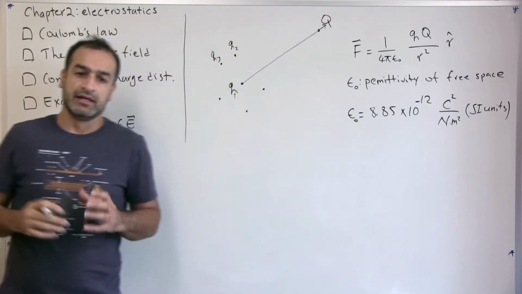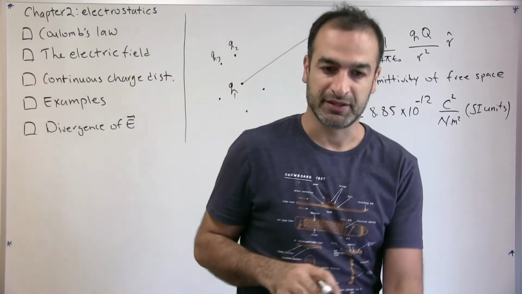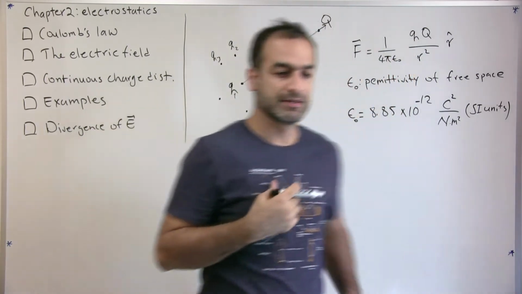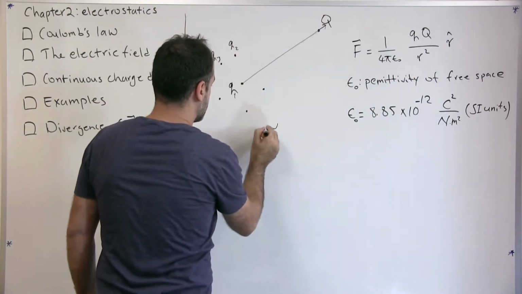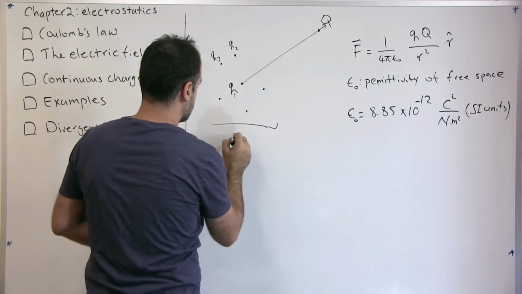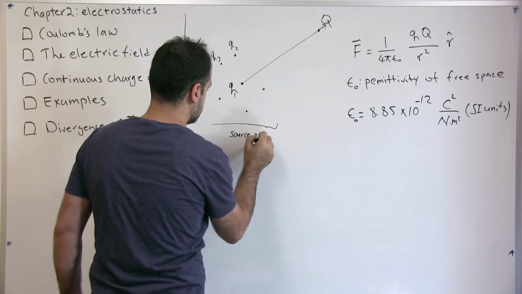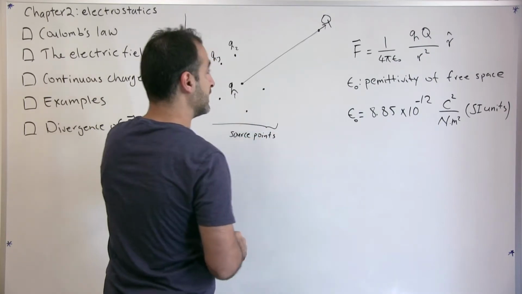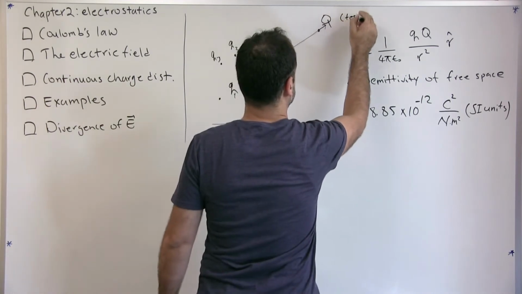Now the question is how this combination of charges interact. To simplify the situation, I'm going to call the point charge distribution on this side source points, and I'm going to call this q the test charge.